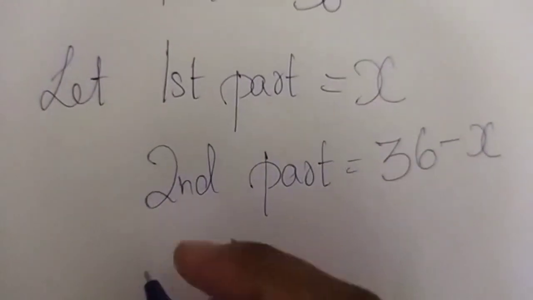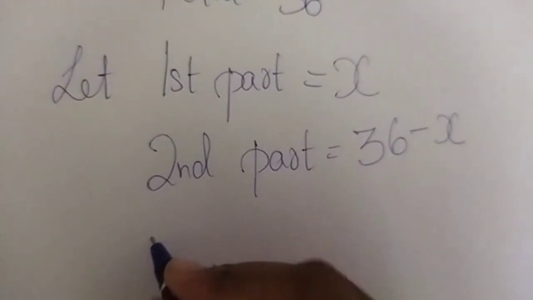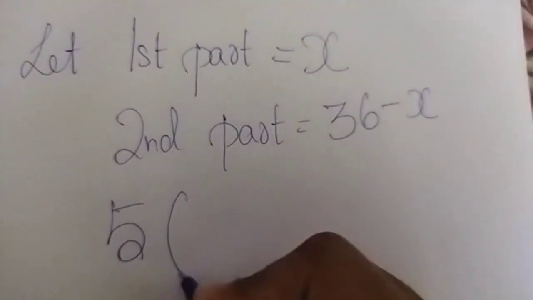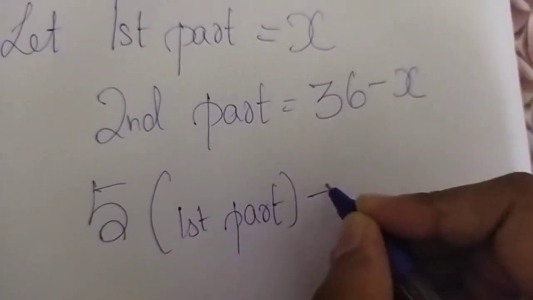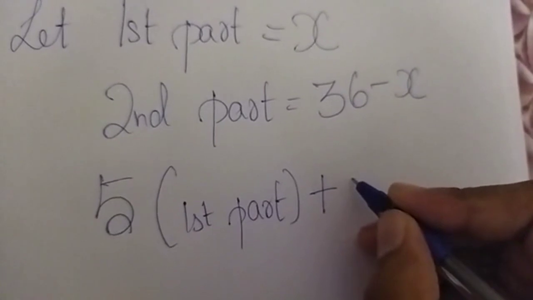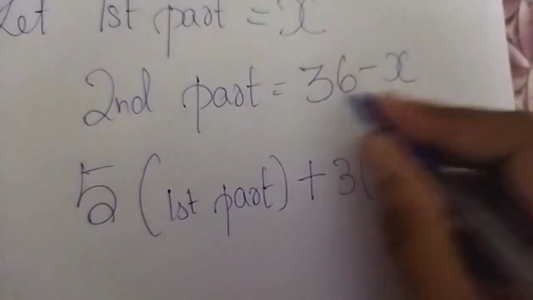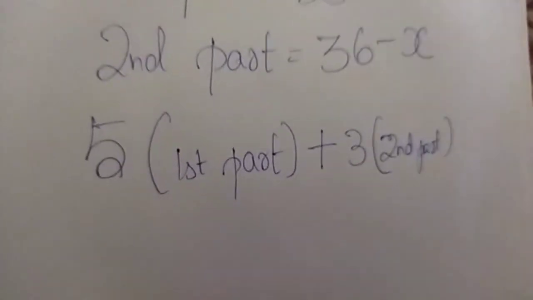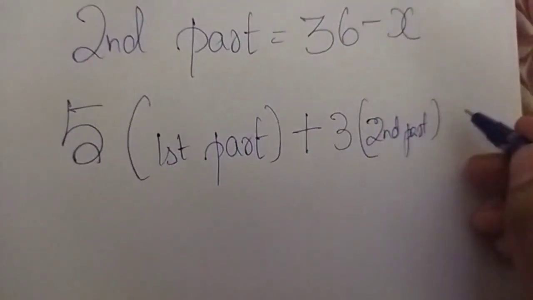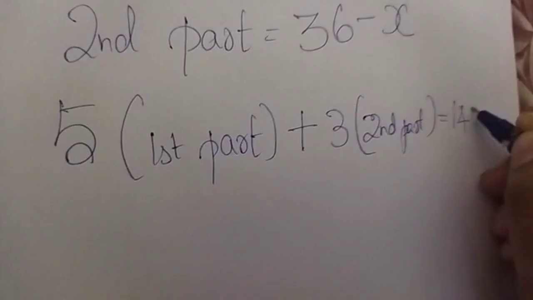It is given that 5 times first part added to 3 times second part gives 142.